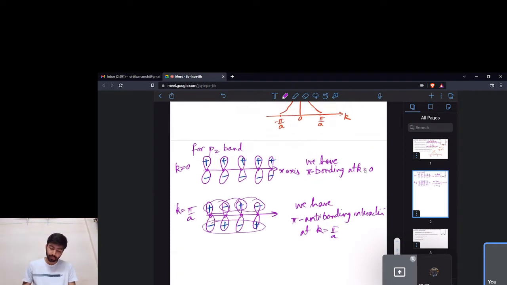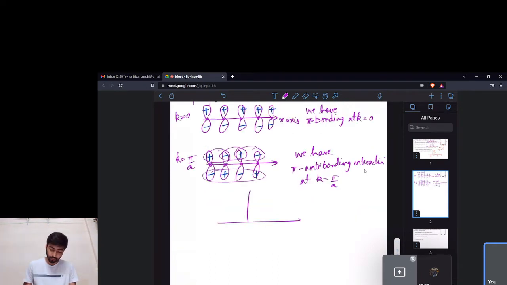Now if I try to plot E-k for the pz band, this is 0, pi by a and minus pi by a.